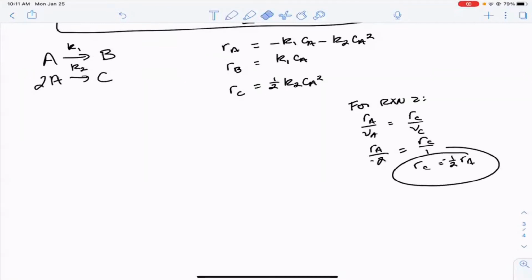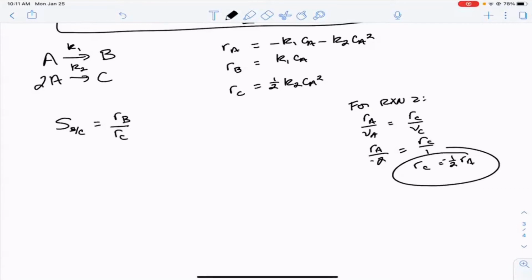So, be mindful of the reaction stoichiometry if you can. Okay. So now we have the relative rates of consumption for A and the formation of B and C, which means that we should be able to come up with an expression for the instantaneous selectivity. So let's do that. The instantaneous selectivity of B over C is equal to RB over RC, right?